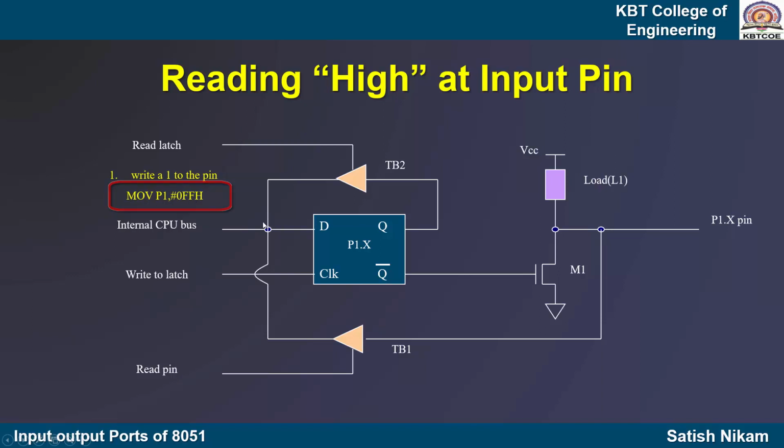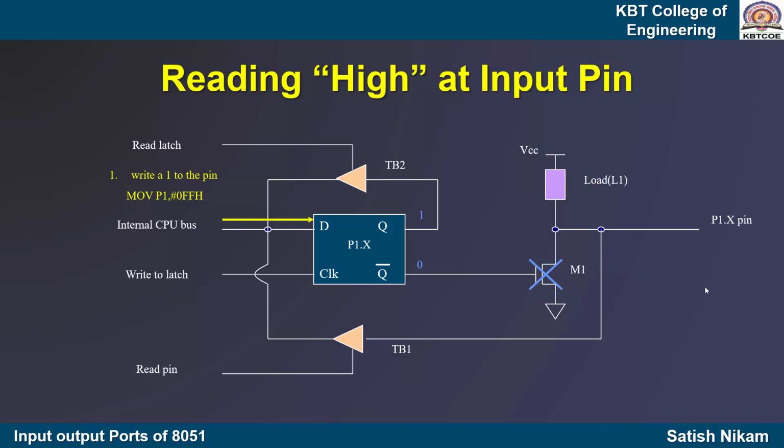Because of this, all the pins of port 1 will get 1, and this 1 gets stored in the flip-flop, and because of that Q bar becomes 0. This 0 is available on the gate pin of the transistor, which makes the transistor an open switch, and the data present on the pin is available on the tri-state buffer 1.